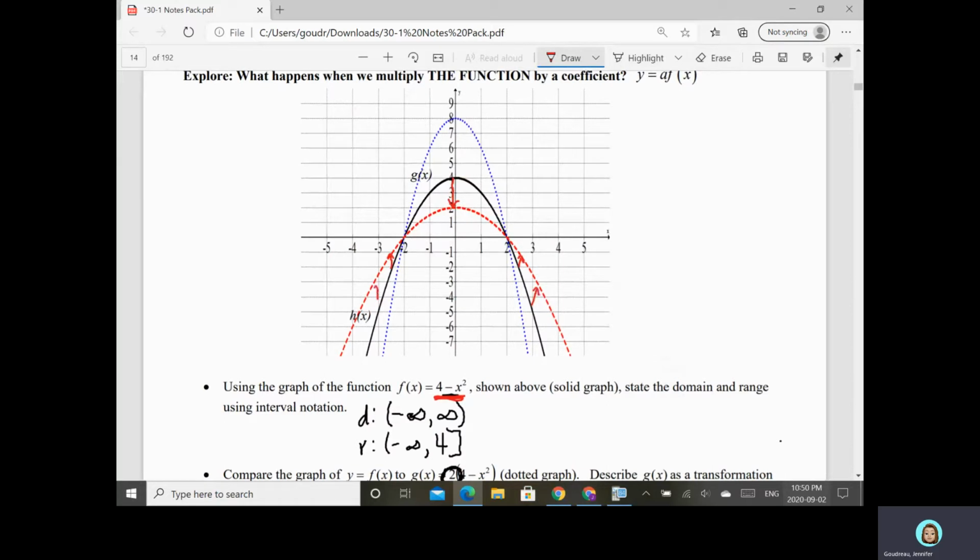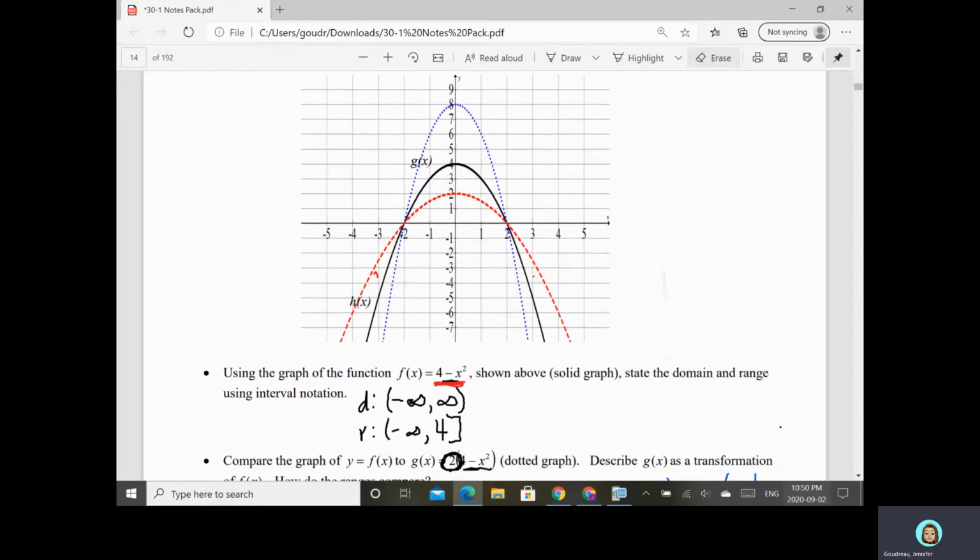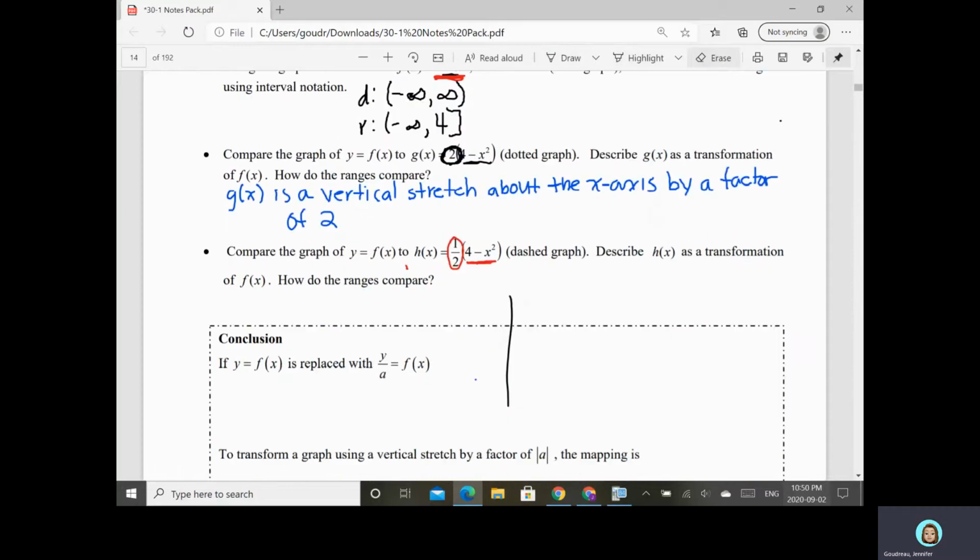So we are pulling towards that x-axis. So the way that we would describe that change would be to say that h(x) is a vertical stretch again. We can see that the action is vertical.